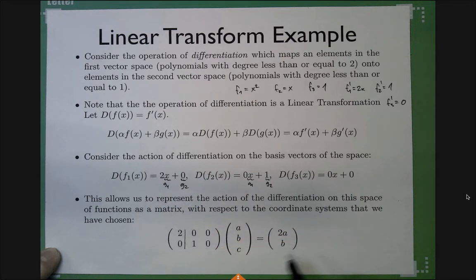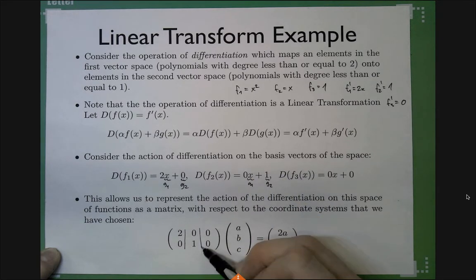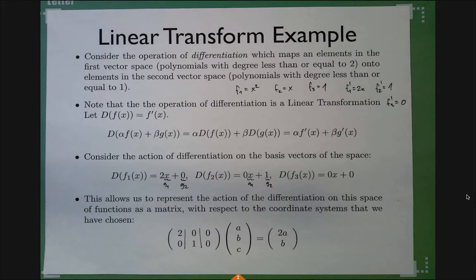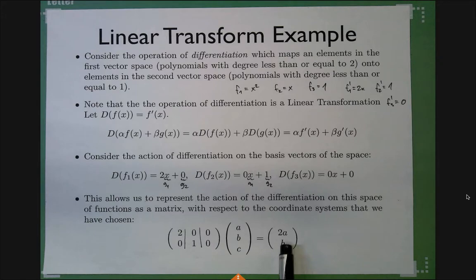Here I have 0 and 1, which goes in the second column, and 0 and 0 goes in the third column. Now if you want to differentiate an arbitrary polynomial of degree at most 2, all you need to do is take the coefficients of the polynomial and multiply them with this matrix. That gives you 2a and b, which are the coefficients of the derivative of the polynomial. Okay?